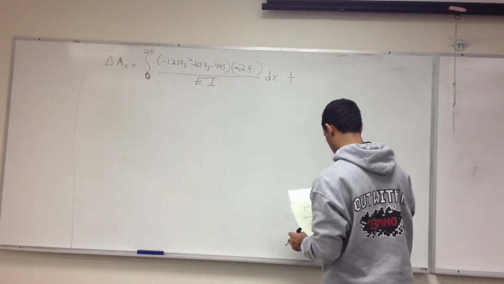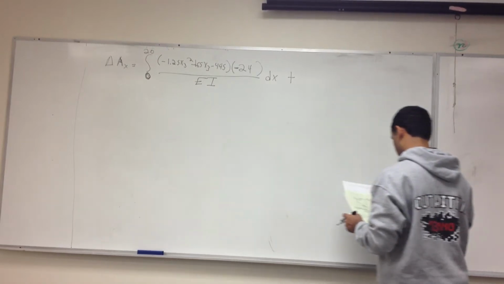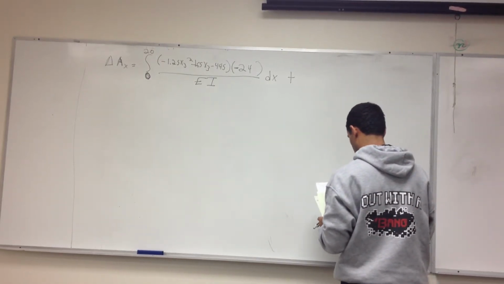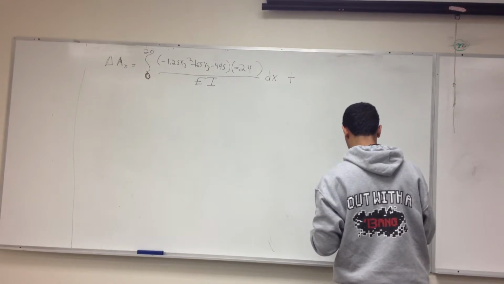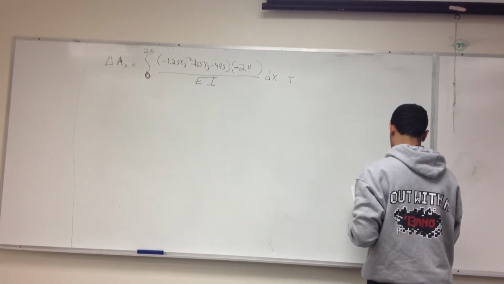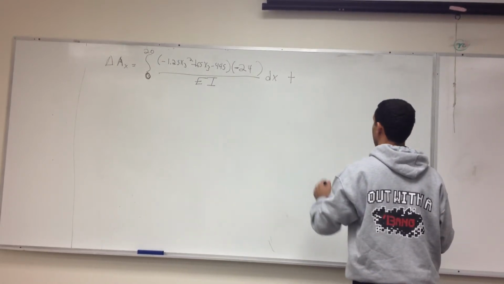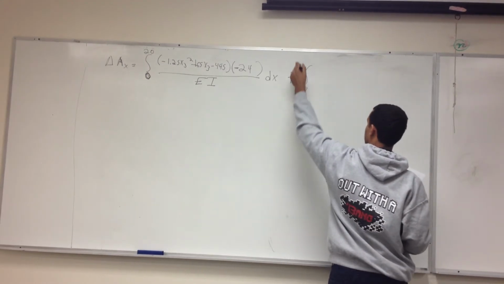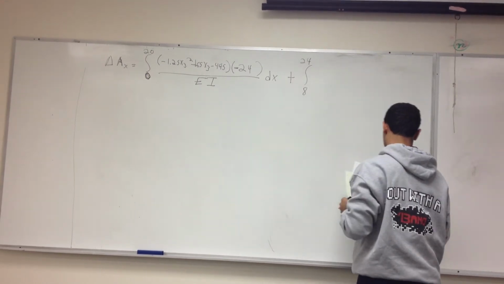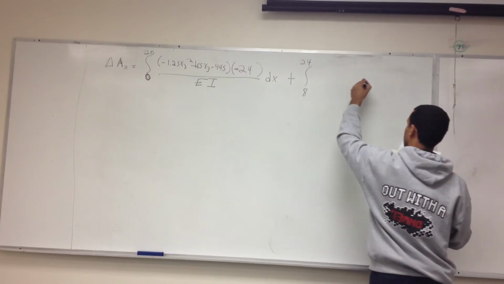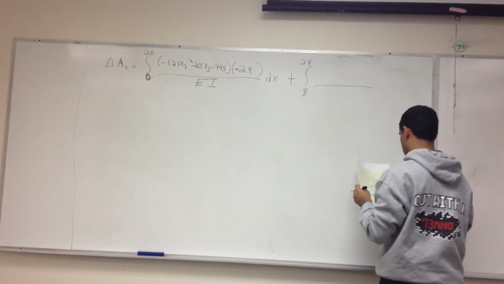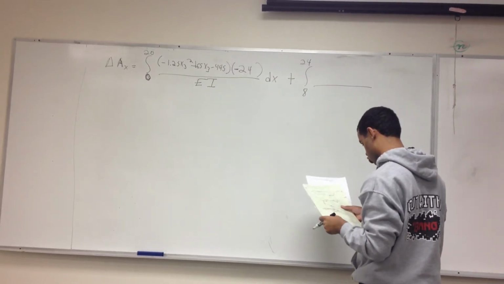Now we take our cut from moment 2 in the real frame, which went from 8 to 24, from range 8 to 24. We have negative 25 x2 plus 200.